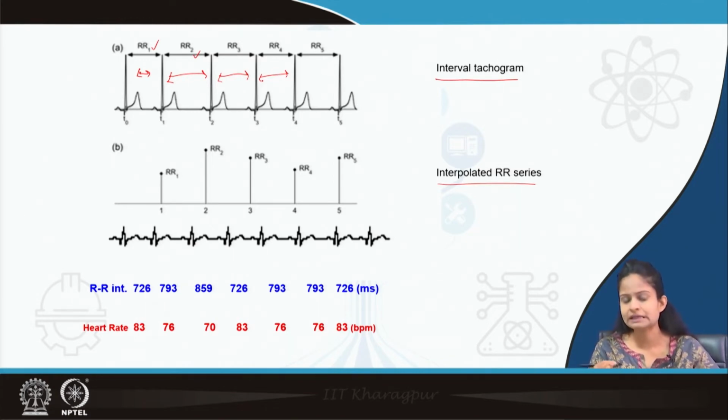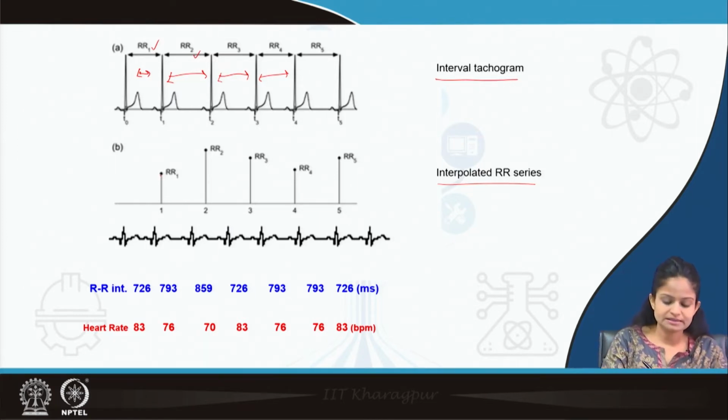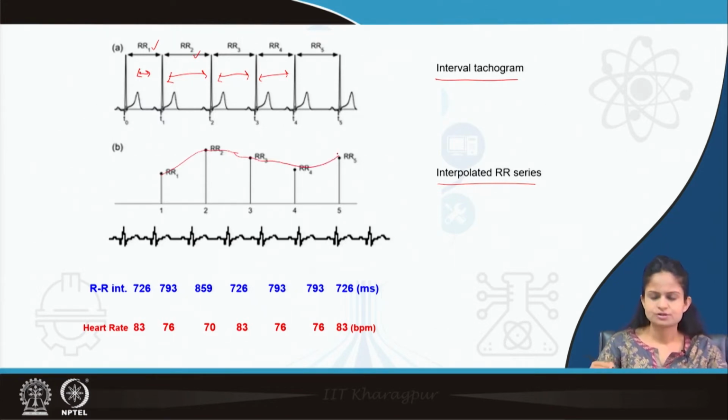So we have varying durations of the RR intervals. This is the interval tachogram, and if we interpolate this RR tachogram, we get a wave-like pattern. We will discuss this further in the slides.